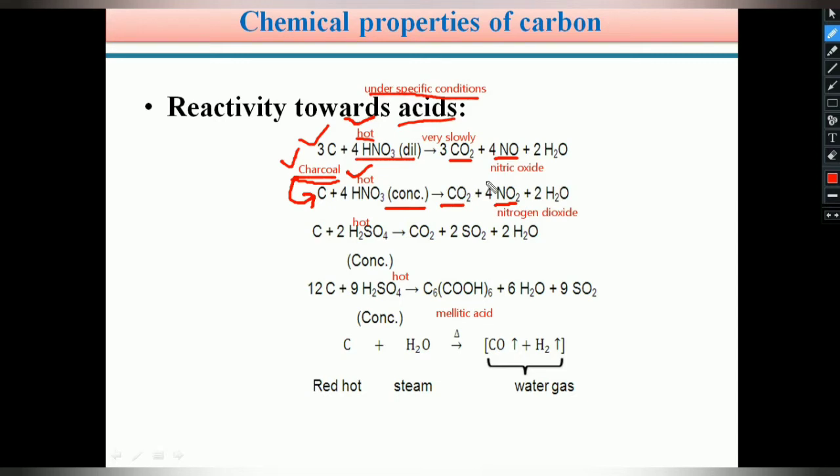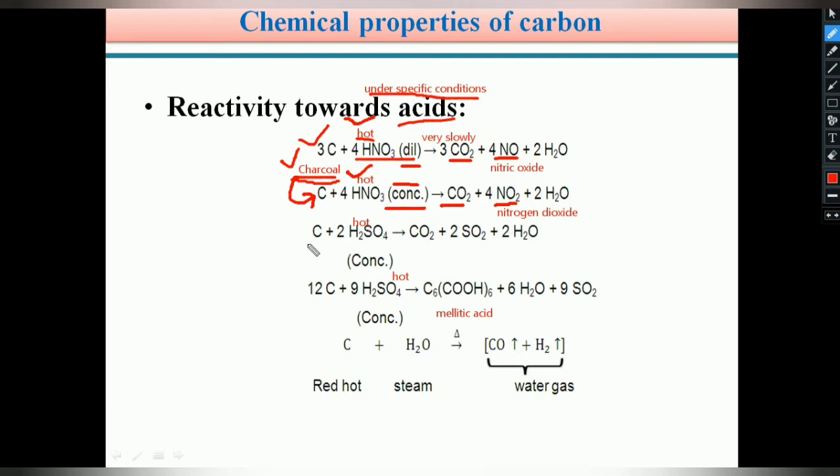See, students, how the equation varies from dilute to concentrated. With dilute HNO3, it forms nitric oxide. With concentrated HNO3, it forms NO2, nitrogen dioxide. So with the change of concentration, the products formed also change. Observe this carefully.